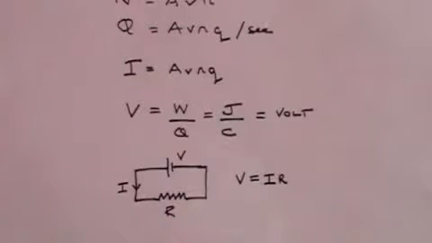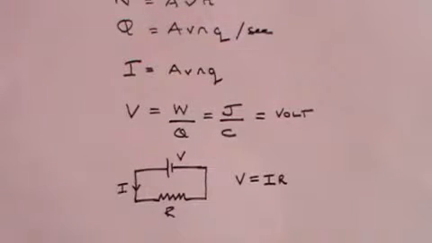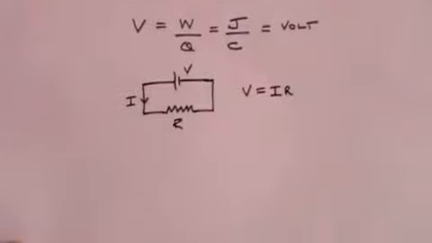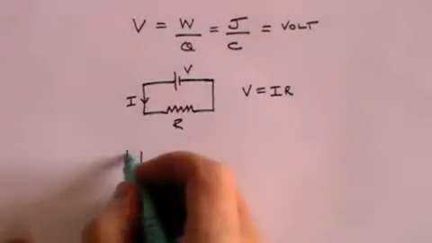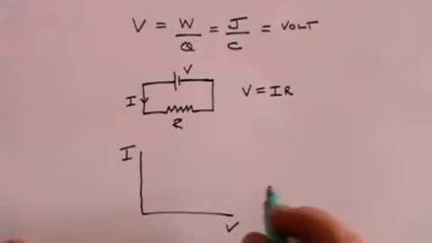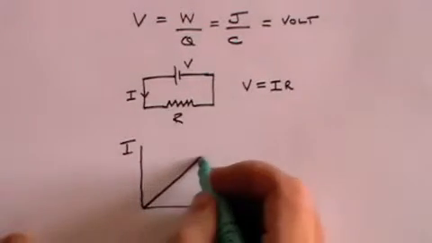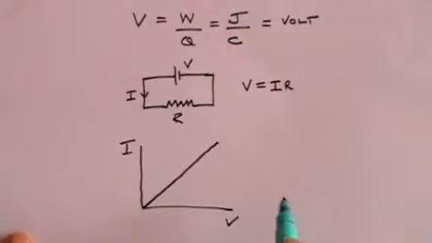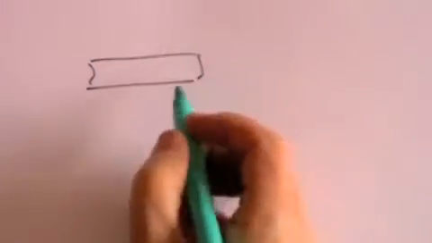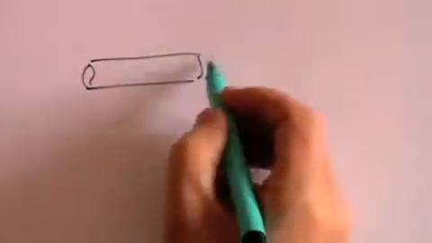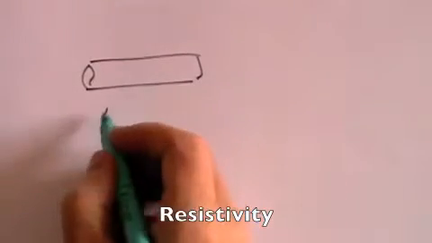This means that the current is directly proportional to the voltage, and if you plot the current against the voltage, then you will get a straight line, and that will be a straight line that represents the value of the resistance. For any given metal or conductor, there is a formula which relates the resistance to what is called the resistivity.